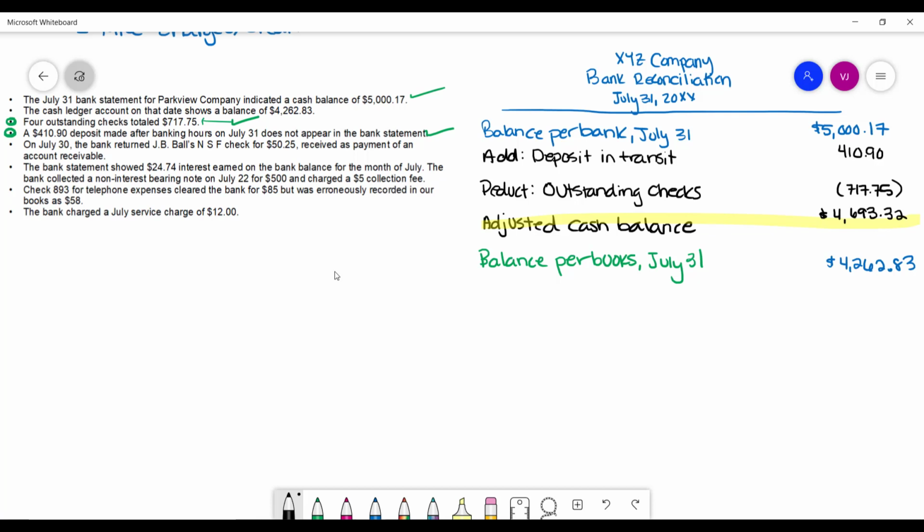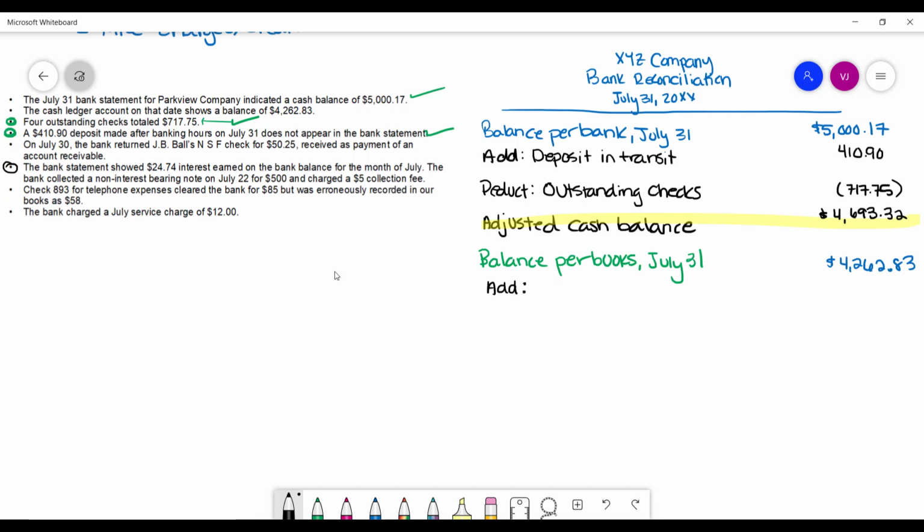So let's first add any additions to this amount, anything that will increase that balance. It looks like we earned interest. The bank statement showed $24.74 of interest earned on the bank balance, and we haven't yet recorded that. It says the bank also collected a non-interest bearing note on July 22nd for $500 and charged a $5 collection fee.